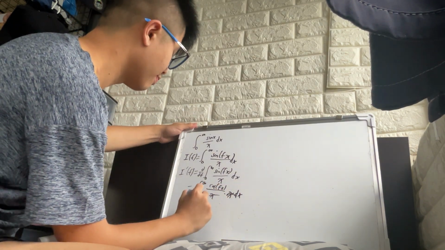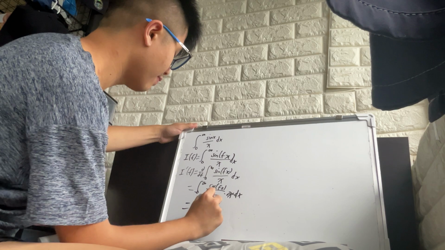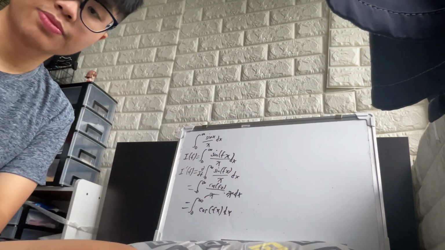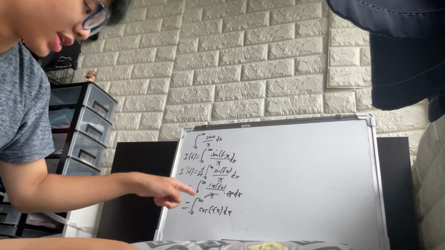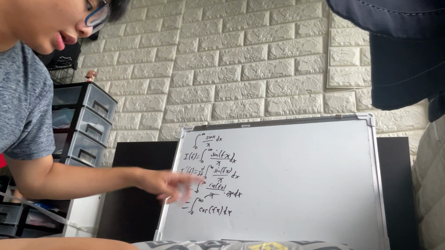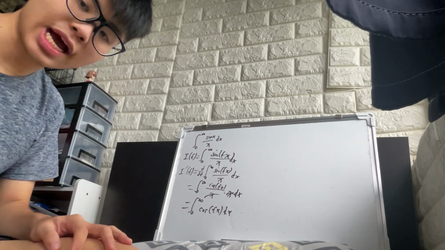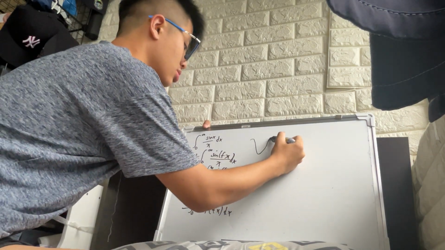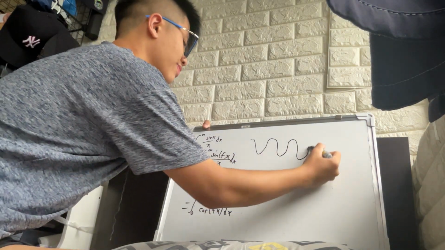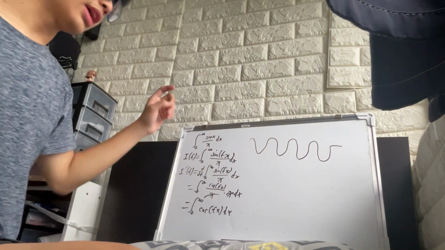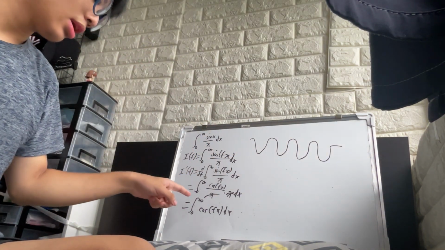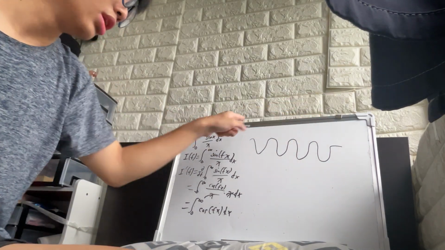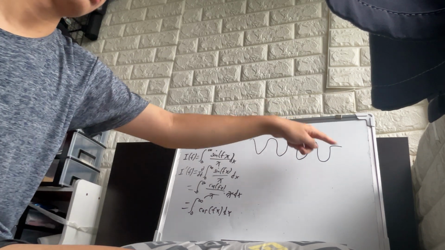So you pretty much just get the integral of cosine of fx dx going from 0 to infinity. And here's the deal. The graph of cosine looks like this, going from 0 to infinity. And at infinity, I'm not sure how long infinity is, so the area cannot be defined.